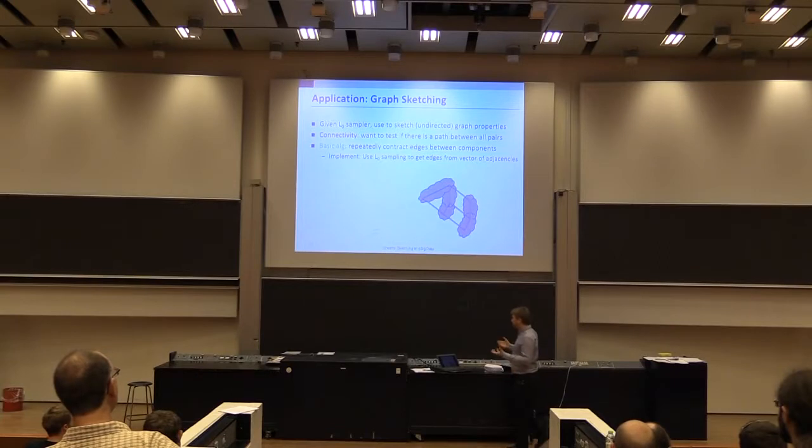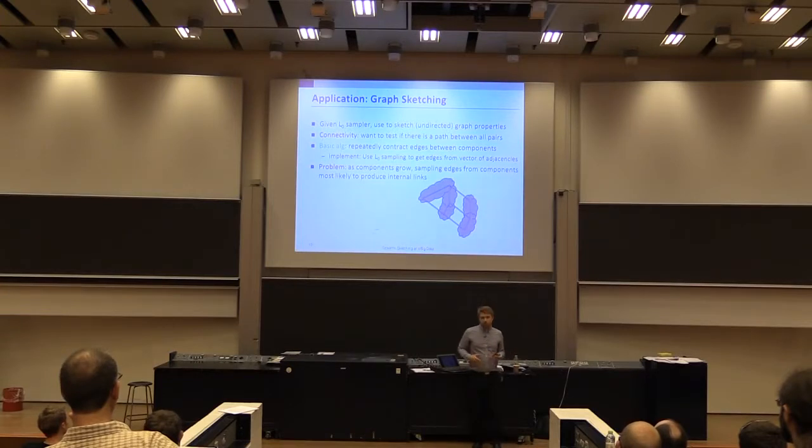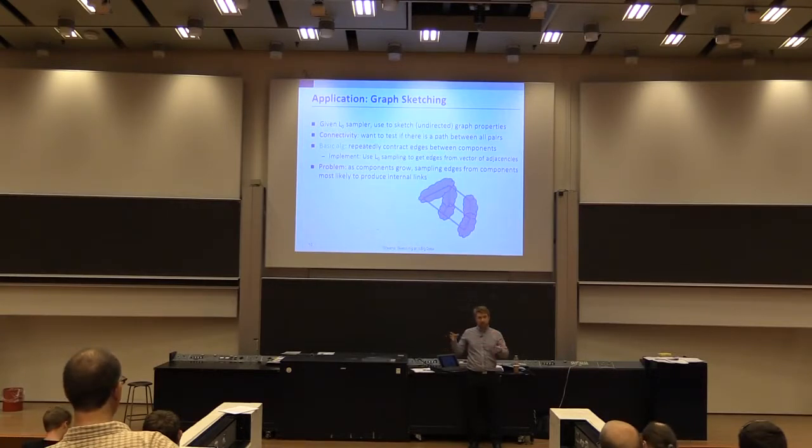So we want to use L0 sampling to pick the edge going across components. You can imagine directly keeping one L0 sampler for each node, using it to summarize the edges incident on that node, and sampling an edge from each node to get you started. And that will work okay.